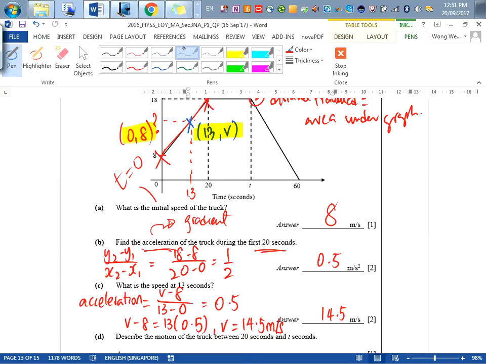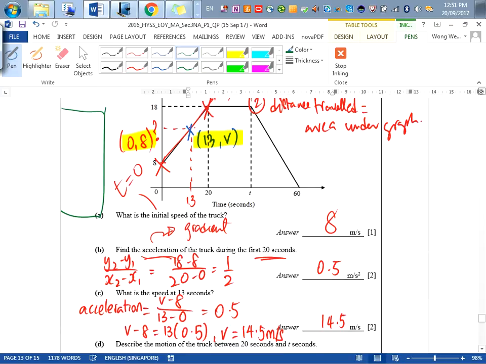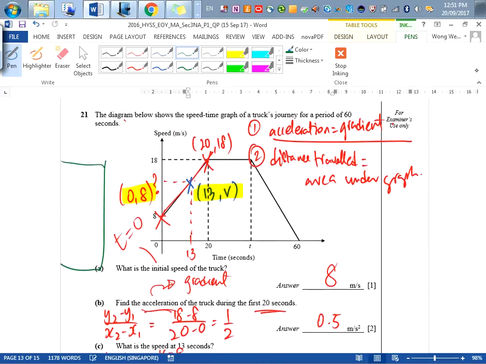What is the equation of this red line? So let's call this y and let's call this x. Y equals to, what is the gradient?